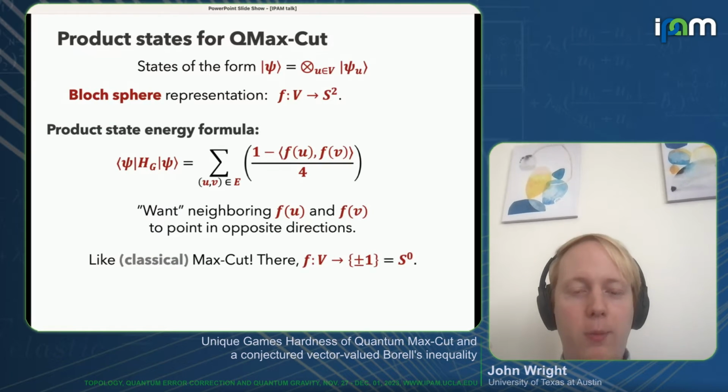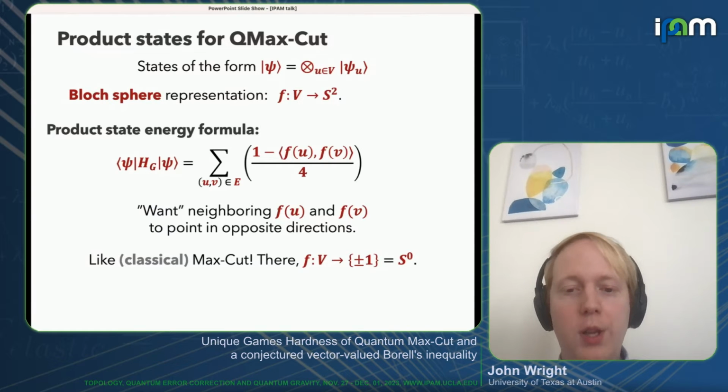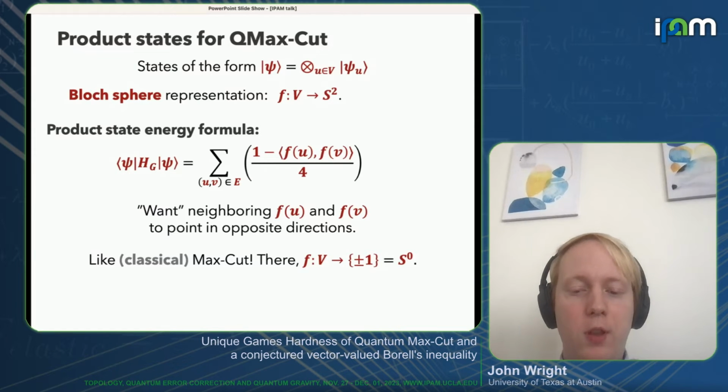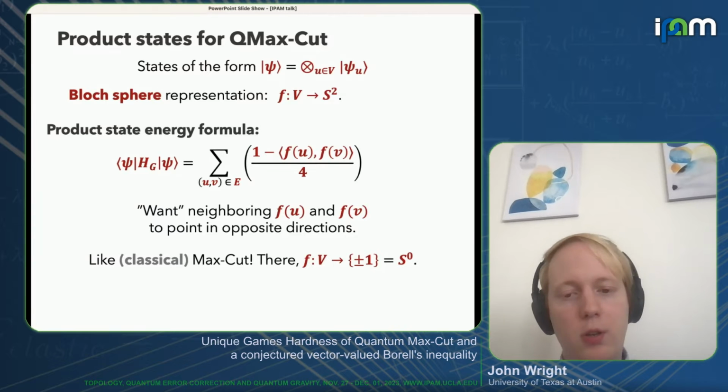In classical max cut, you map each of the vertices to a plus or minus 1, and you want to optimize (1 minus f(u) times f(v)) over 2. So it's exactly the same thing, except in classical max cut you mapped your vertices into the zero sphere, the one-dimensional unit sphere, whereas here we map into the three-dimensional unit sphere. That's kind of cool.